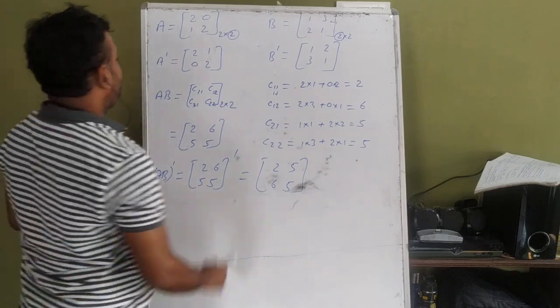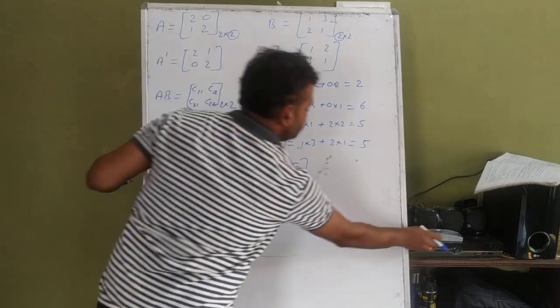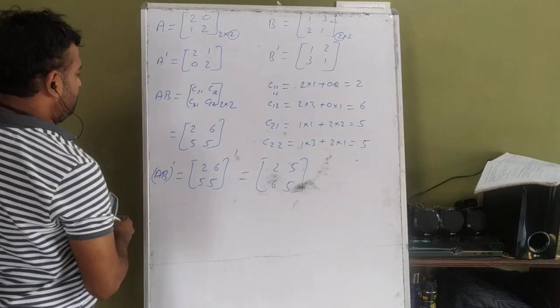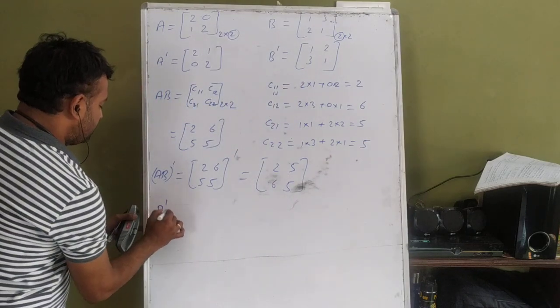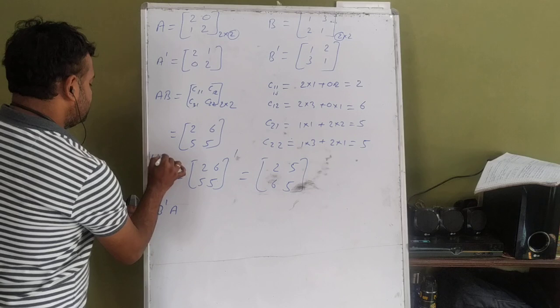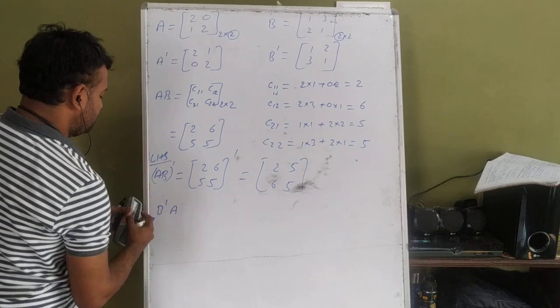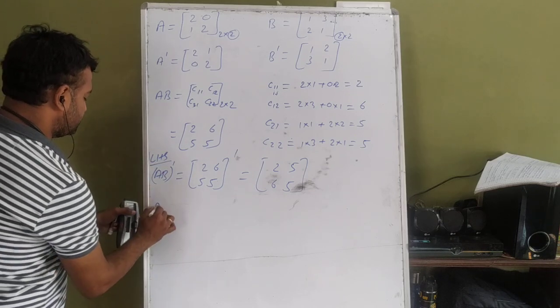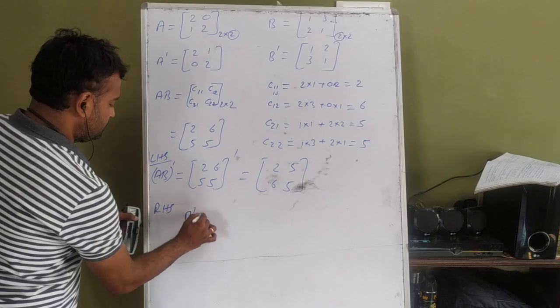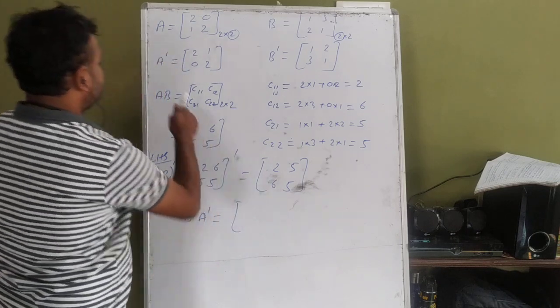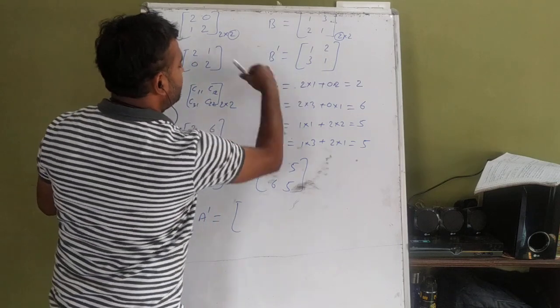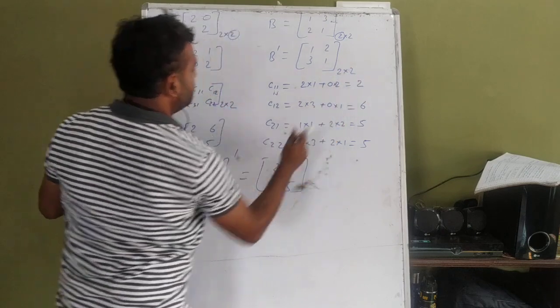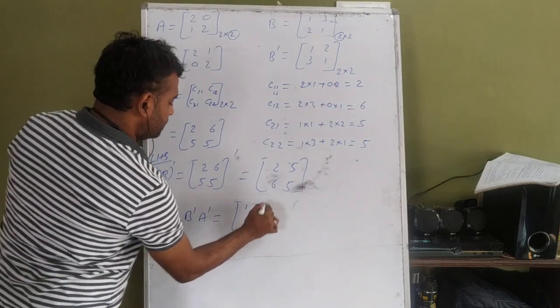Now, coming to the RHS part. This is your LHS. Now RHS is your B transpose into A transpose. What is B transpose? We already have B transpose of order 2 by 2, [1 2; 3 1].